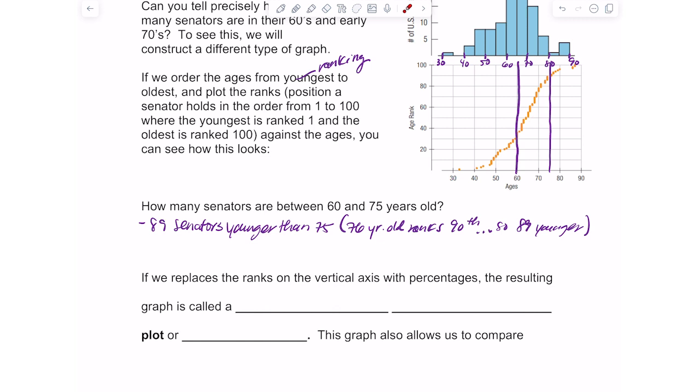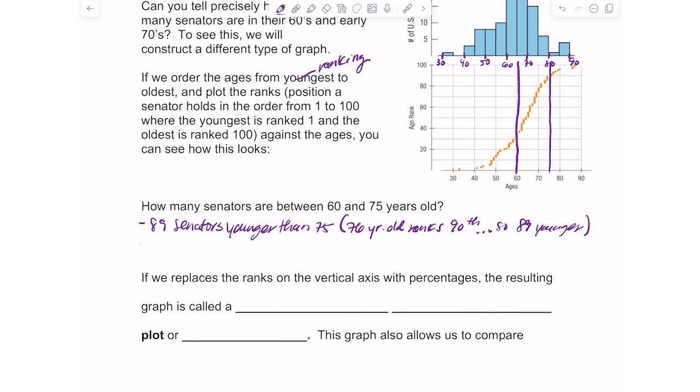Well, I can also look here. Okay, someone that is 60 looks like they're ranked at about 30, right? So that would mean that there's 30 senators younger than someone that's 60. Okay, because a 60-year-old senator is about the 31st. It's kind of hard to see here, but that little dot right there.